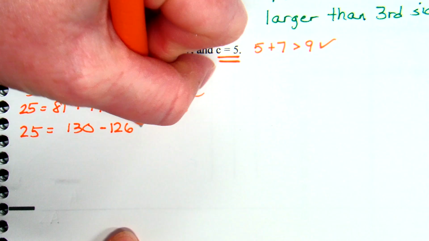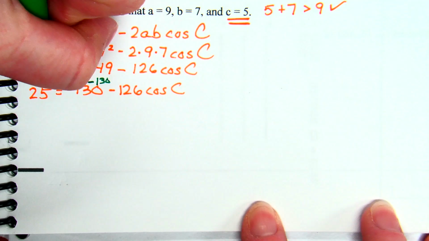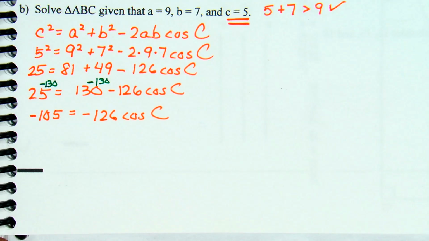Still minus 126 cosine C. If you haven't started moving stuff over, what has to happen at this point? You're subtracting the 130 over to the other side, aren't you? 25 minus 130 is negative 105 equals negative 126 cosine C.